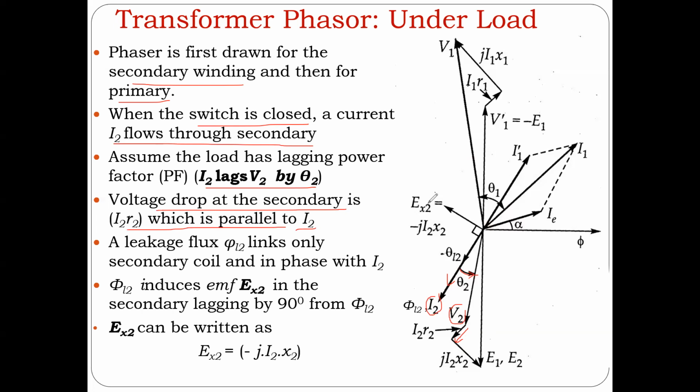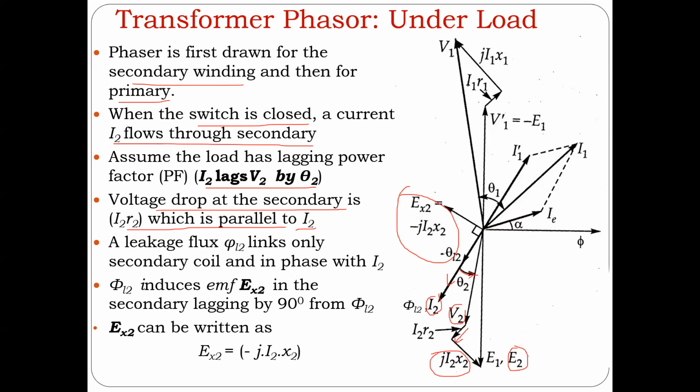And because of this leakage flux in the secondary, there's going to be an induced EMF because of the leakage reactance. And to compensate for that, this also has to be accounted for. And finally, this is E2.